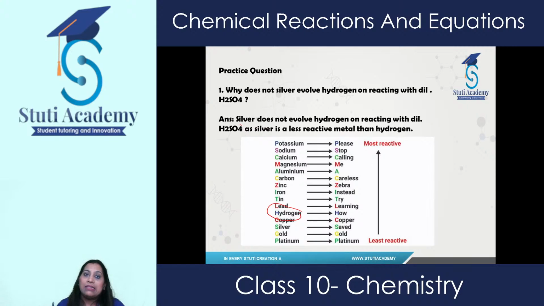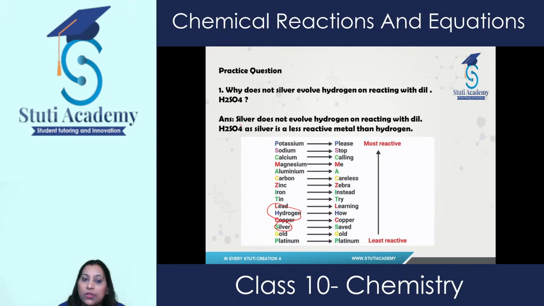So if they are less reactive, they cannot displace hydrogen. So here, just see the position of silver. Silver is placed below hydrogen. So if silver reacts with dilute sulfuric acid, it cannot displace hydrogen. As a result, hydrogen gas cannot evolve.